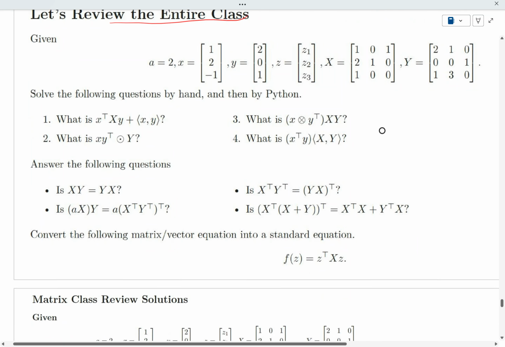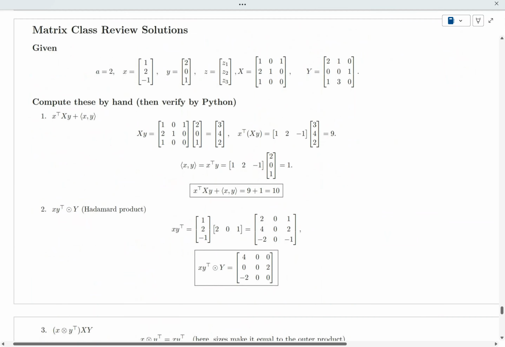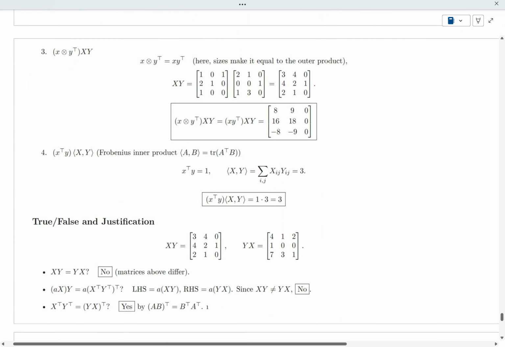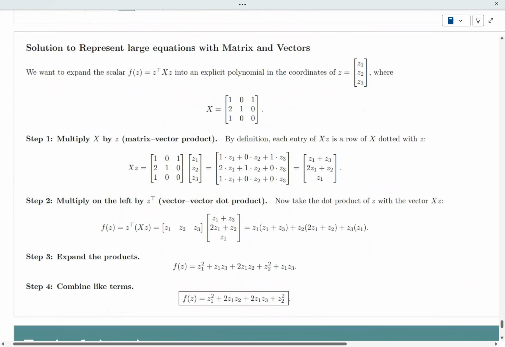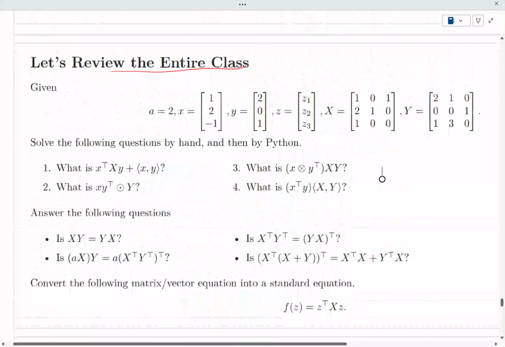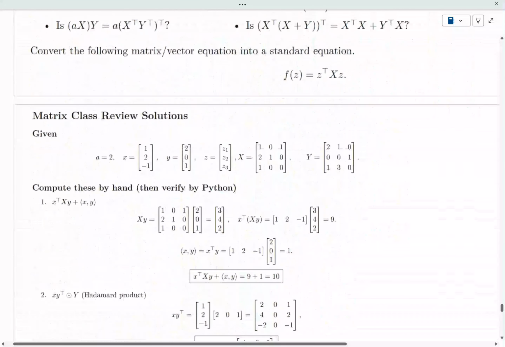Okay, as always, here's the solution for some of the questions, and here's some of the other solutions, and I think I have more here. Okay, so the solutions are provided, but you should definitely go over the exercise yourself.